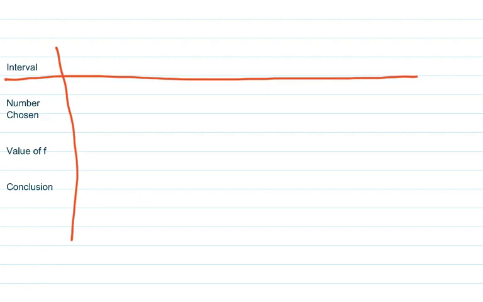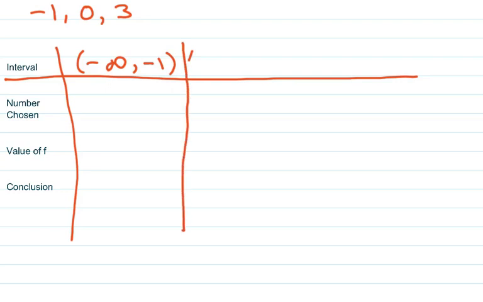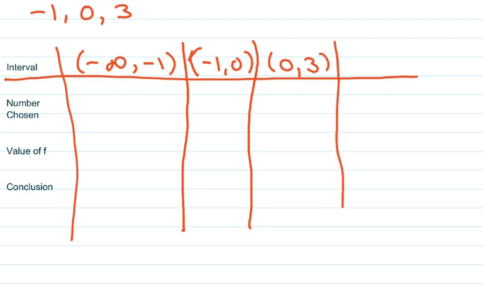Let's see, negative infinity, because we had negative 1, 0. I put these in order. These are your zeros. So you put them from smallest to biggest. Then we have negative 1 to 0, 0 to 3, and 3 to infinity.